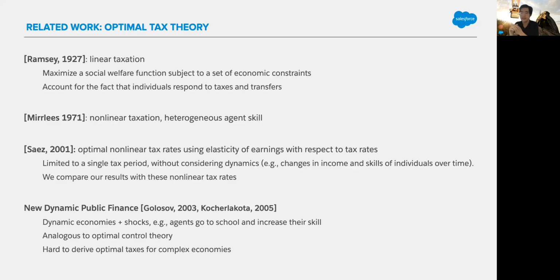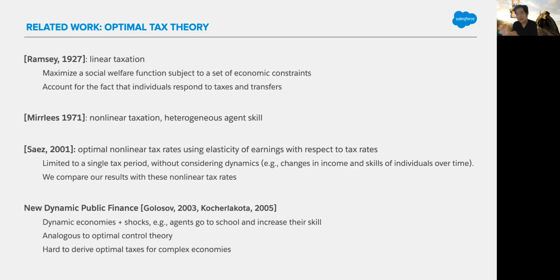The limitation in that work, though, is that he considered the static case where the economy doesn't really change and we're at some optimal point. And so there's no real dynamics where people might go to school, for instance, and increase their skill. But it is the easiest to implement and most prominent baseline. So we compare the result mainly to that work.